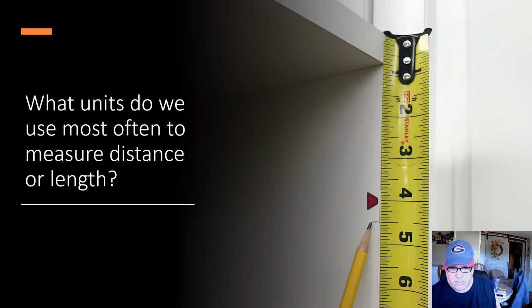Here's 4 inches. Here's 5 inches. But the measurement is in between. So we can't use 4 or 5. We have to find something in between those 2 inches, which is called what? A fraction. All right, that's where our fractions come in.